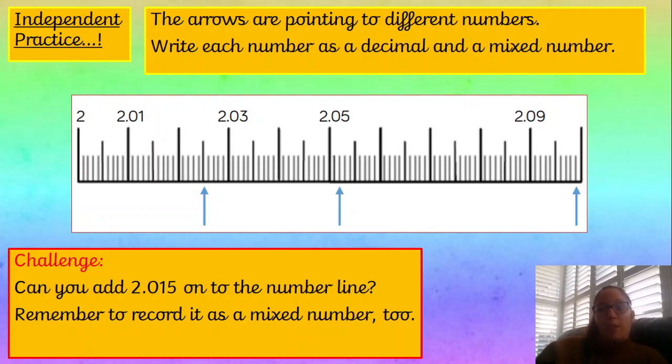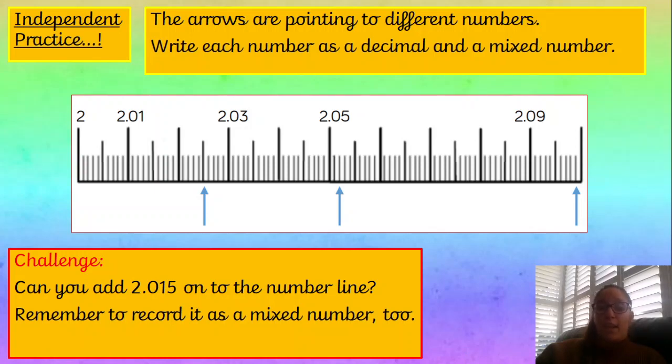You can just write the numbers, so you can put arrow number 1 equals, arrow number 2 equals, arrow number 3 equals. But by all means, if you can print it, then excellent. What you need to do is write each of the numbers. Where the arrow is pointing to, you need to write the number as a decimal and then also write the number as a mixed number.